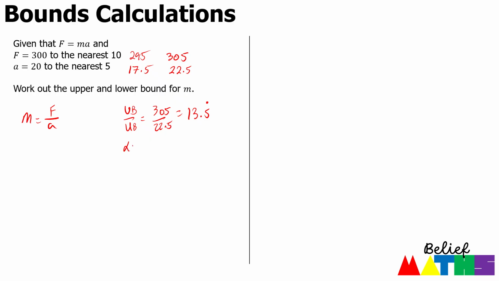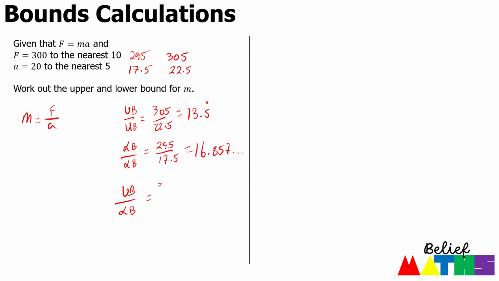We could do the lower bound over the lower bound, which is 295 over 17.5, which gives us 16.857, etc. We could do the upper bound and the lower bound.